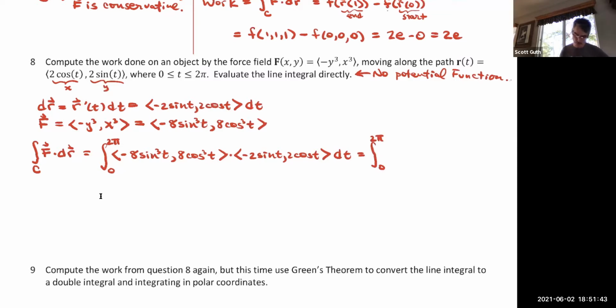Gosh, this is horrible. Here we go. So we're going to have a 16 sine to the fourth t plus 16 cos to the fourth t dt.